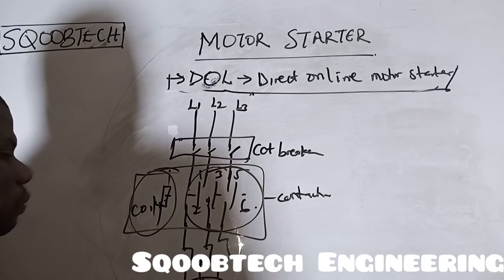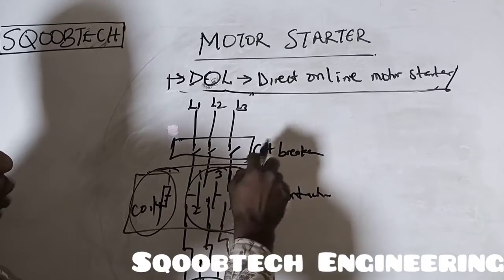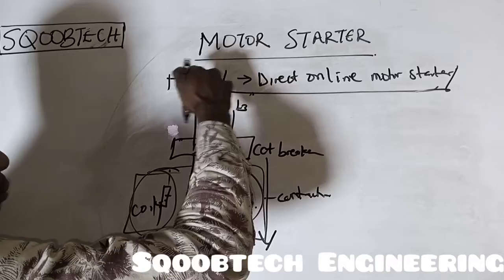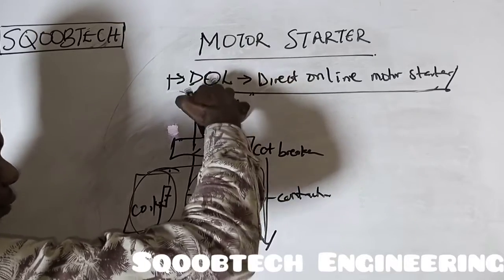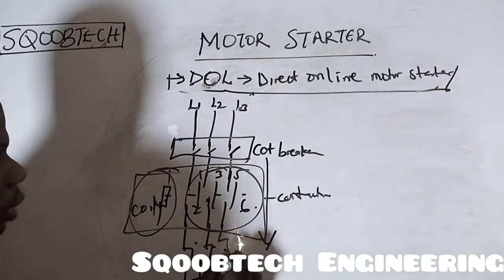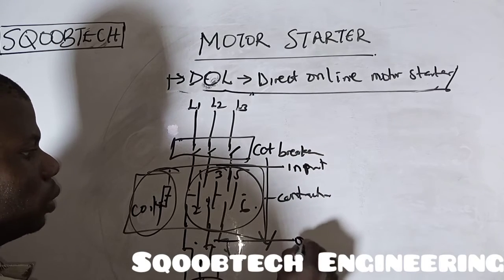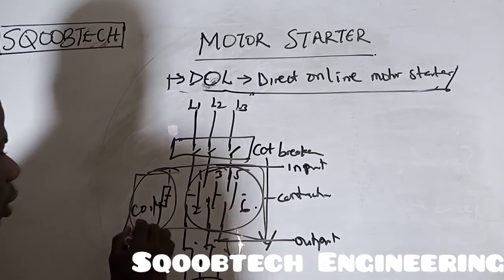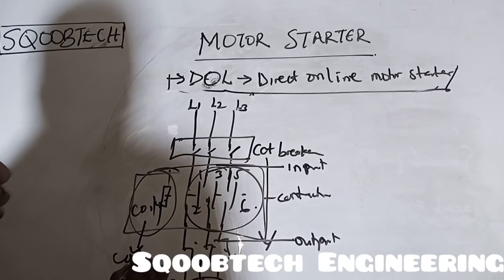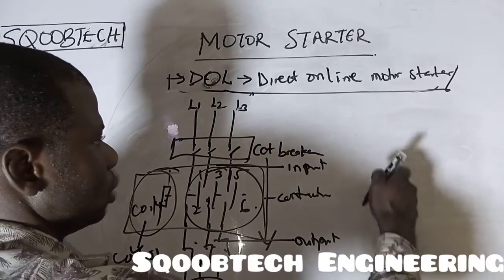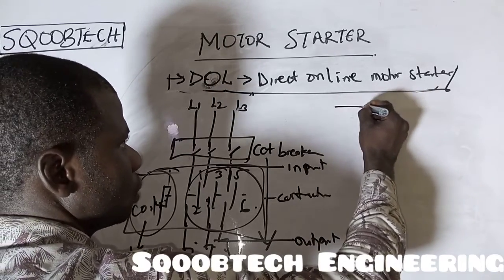Making or breaking of the contactor is what allows the flow of your power that is coming in from here to come out from here, because we assume this place to be your input to the contactor, while this one will be your output. But this is what is going to control it. That is why it's going to come here, and we're going to show it in the control circuit.